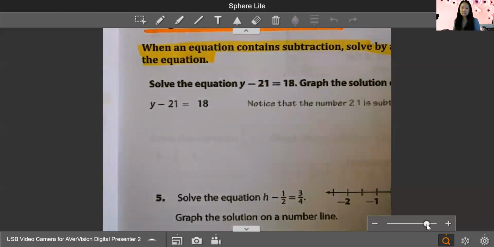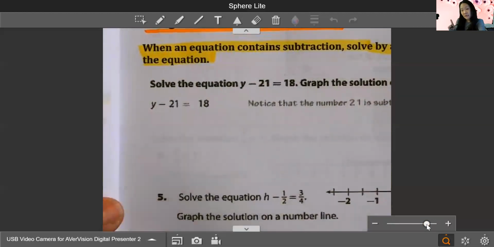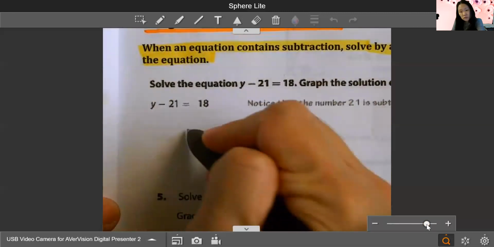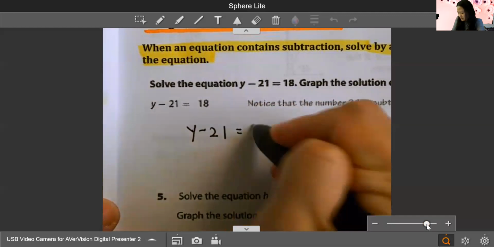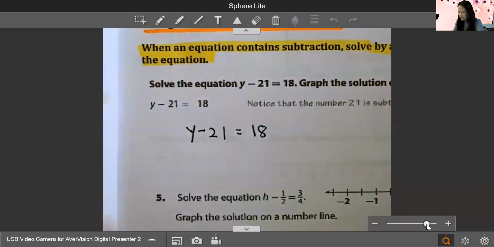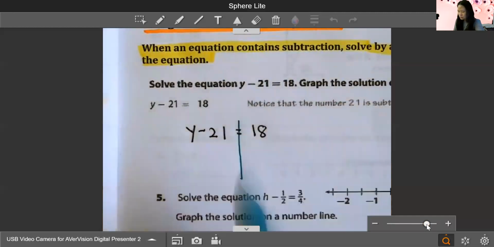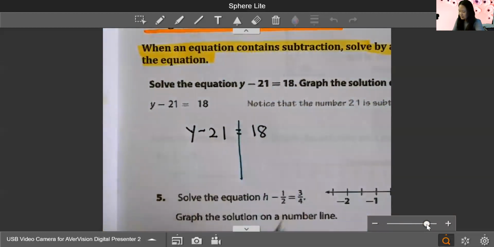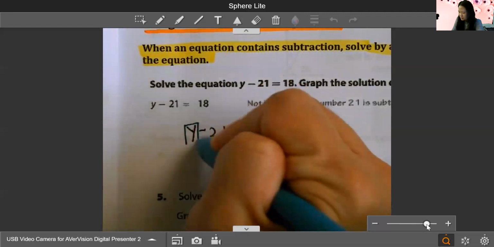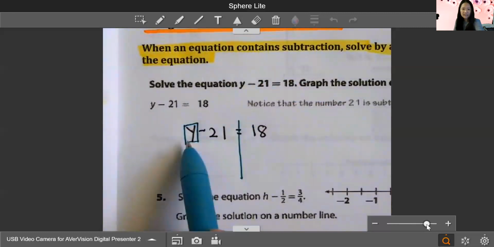The way you solve it is exactly the same. Let's take a look. First, write the original problem, y minus 21 equals 18. Now, what I'm going to do is draw a line to separate my left side and my right side of the equation. I'm going to box the variable to determine this is the number I want to have by itself.